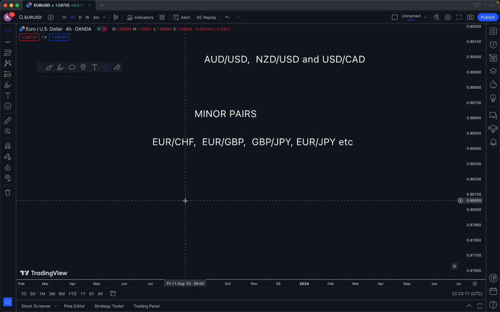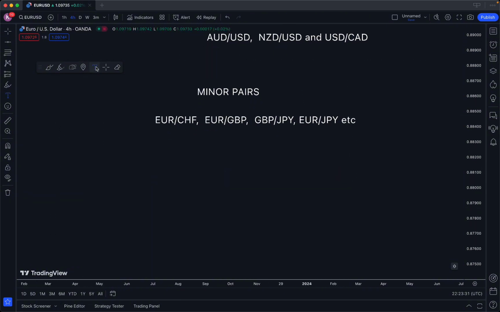And lastly, we have the exotic pairs. These are the pairs that include currencies of emerging markets. These pairs are not liquid and spreads are much wider, so they are less traded in the forex market.